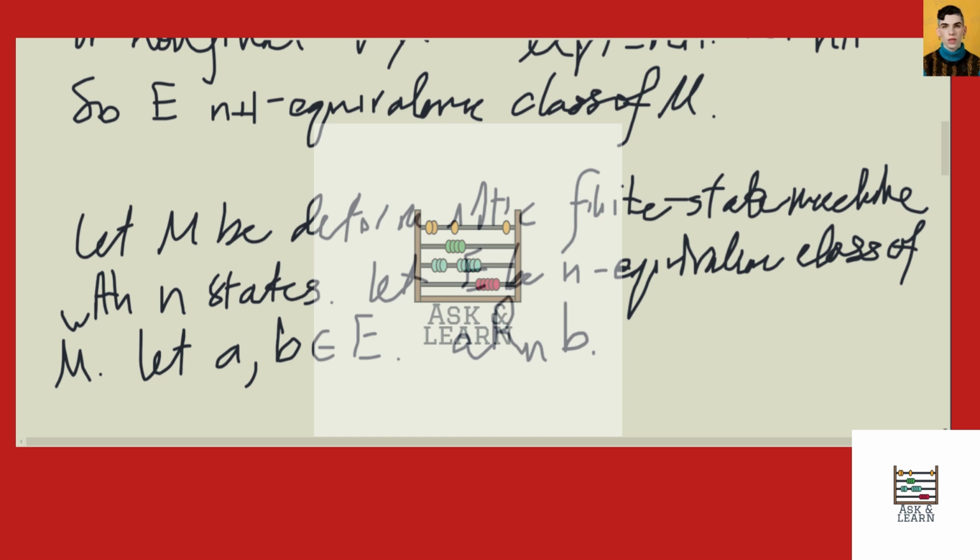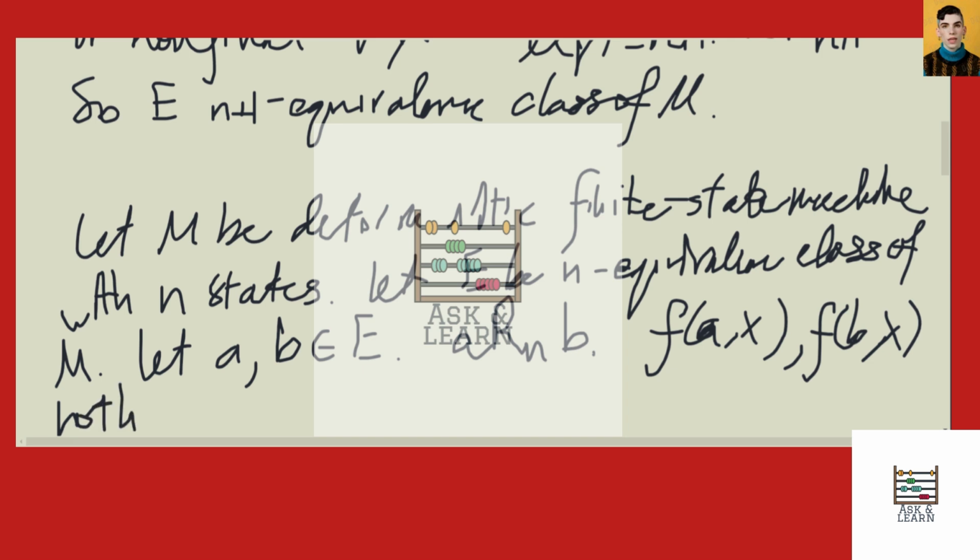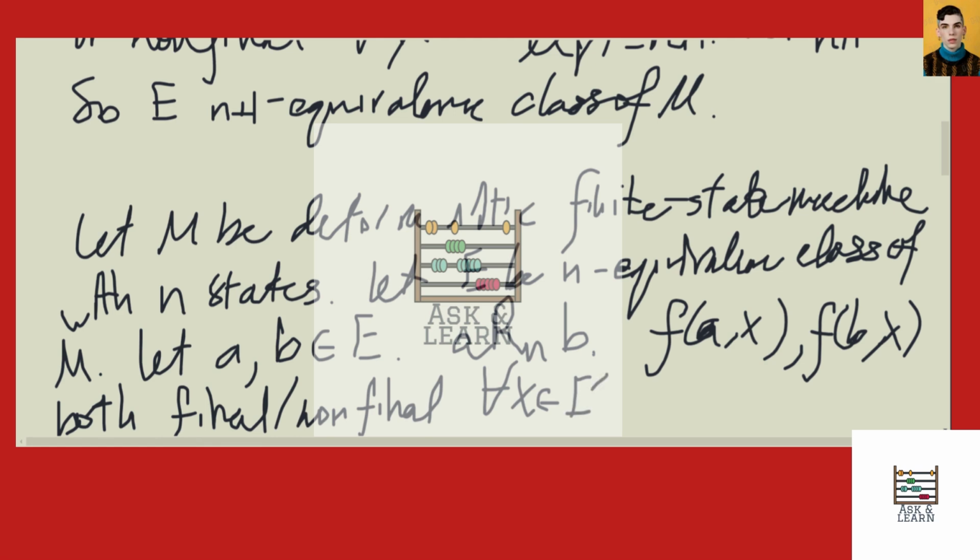And then by the definition, it follows that f of ax and f of bx are both final or both non-final for all input strings x with a length less than or equal to n. And now let y be a string of length k.